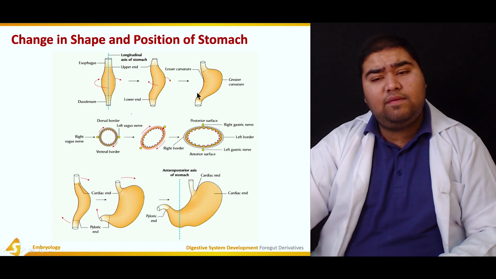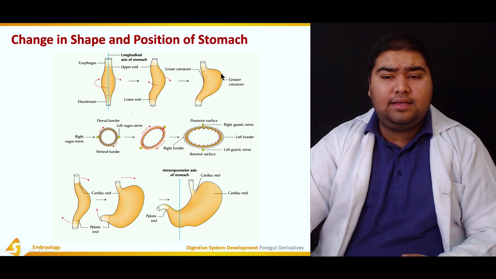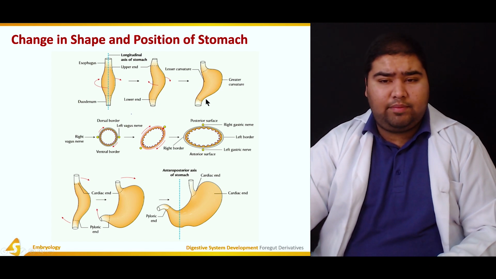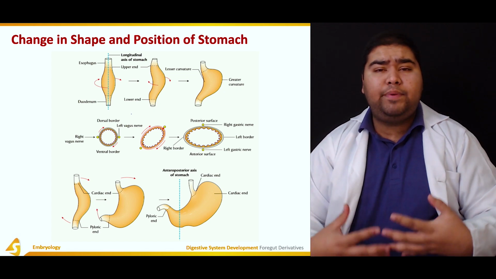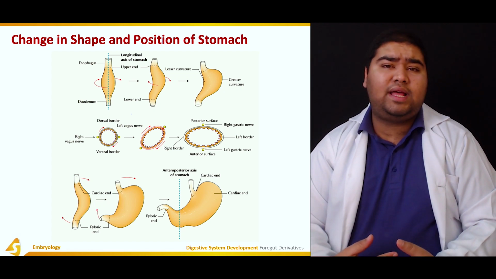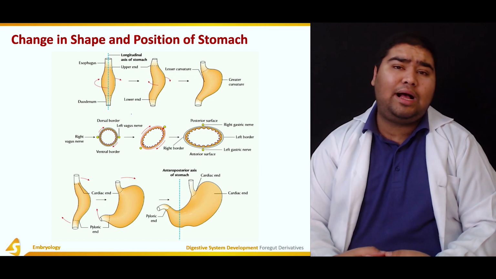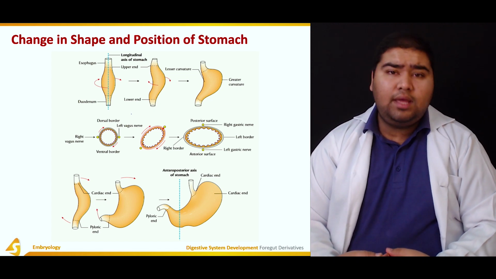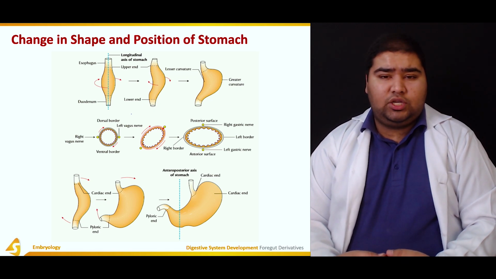This is the lesser curvature, since it does not expand as much as the greater curvature of the stomach. So this is how the greater curvature is formed, by rapid proliferation of cells on the anterior border. The posterior border follows the anterior border, however, much more slowly. This results in the formation of the lesser curvature.